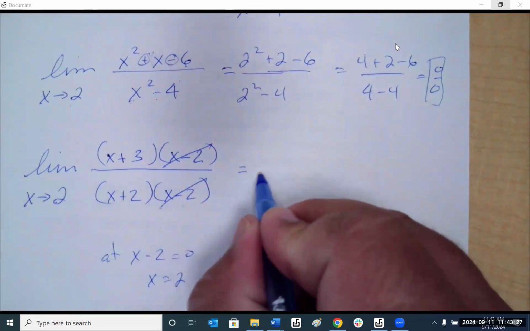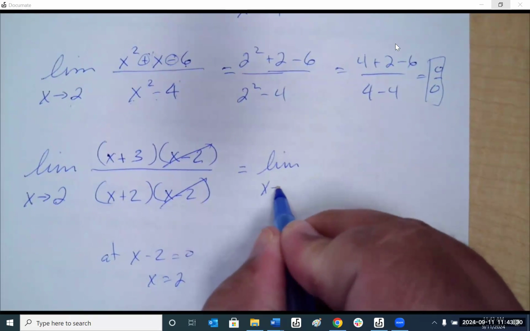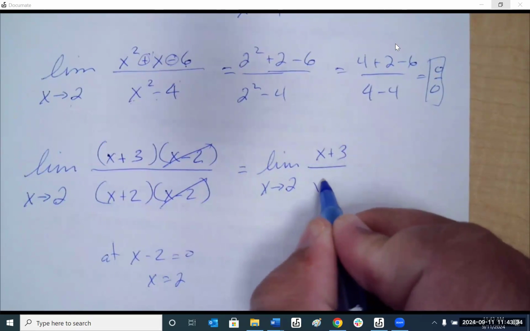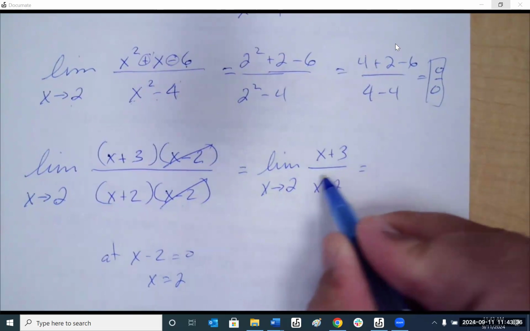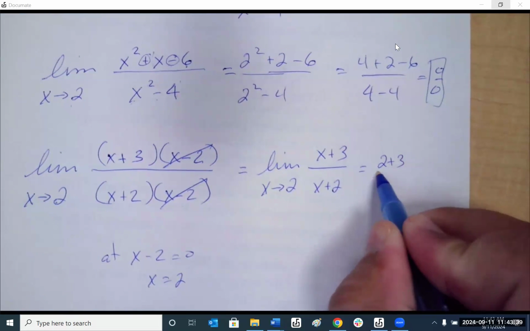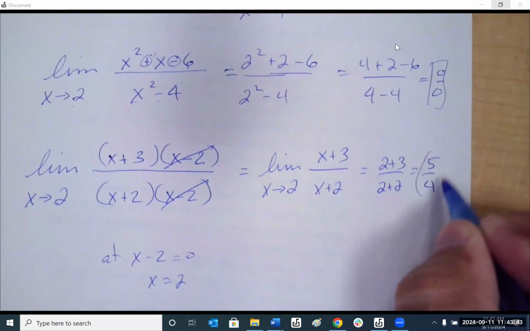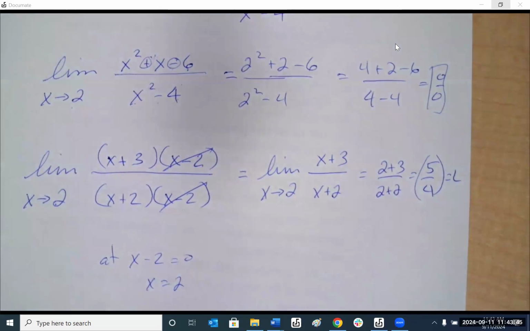And now we plug in 2, we get 2 plus 3 over 2 plus 2. That's our limit value. So can you tell me the location of the hole in our graph? Where?